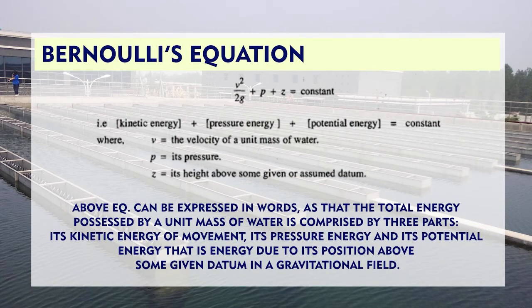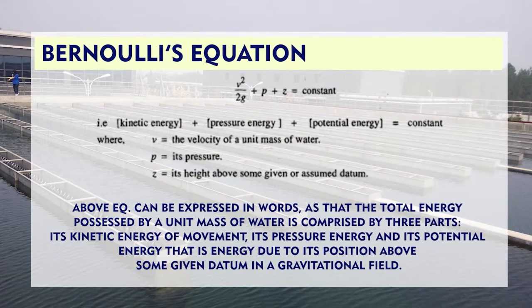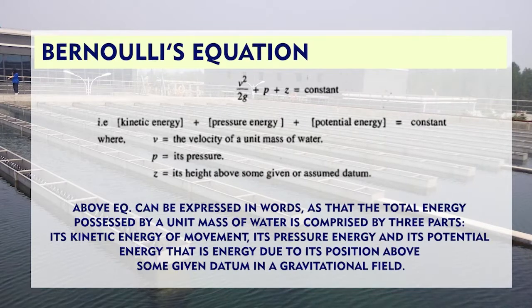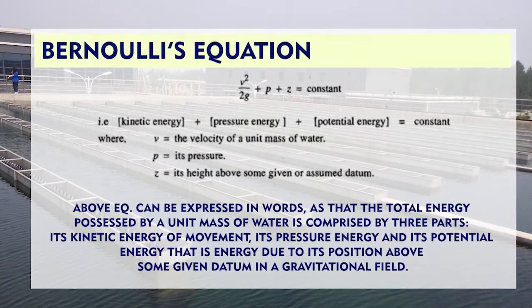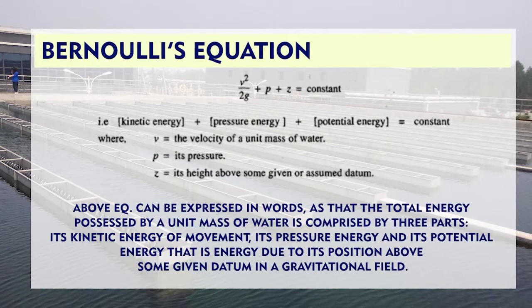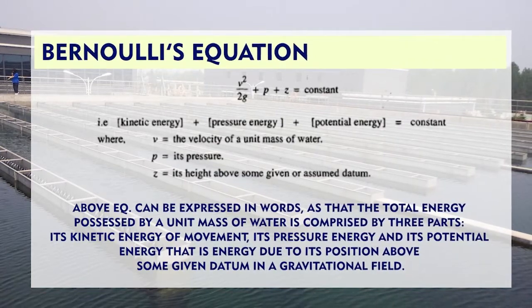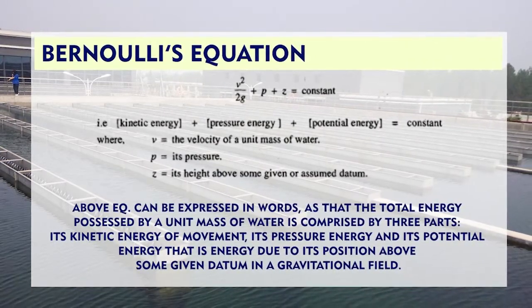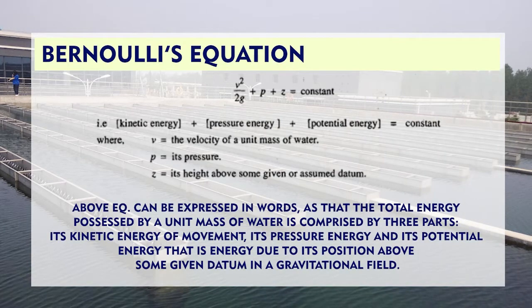The above equation can be expressed in words as that the total energy possessed by a unit mass of water is comprised of three parts: its kinetic energy of the movement, its pressure energy, and its potential energy, that is, energy due to its position above some given datum in a gravitational field.